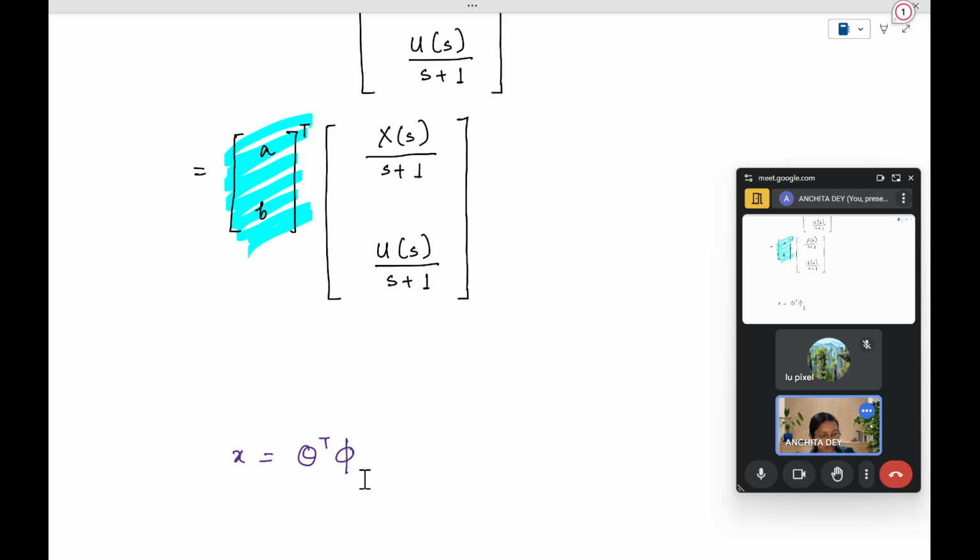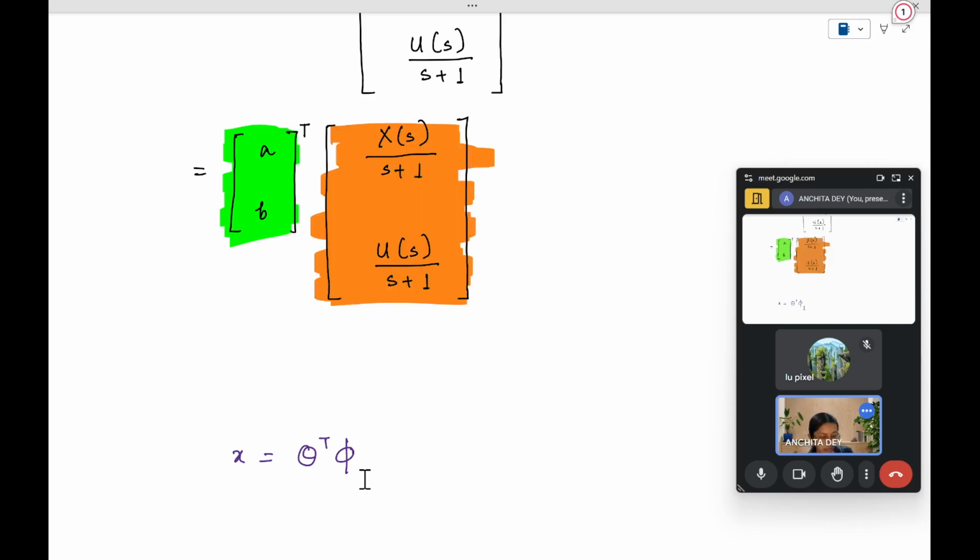This very term without the transpose part is your theta, and then whatever you have here would be your phi, right?